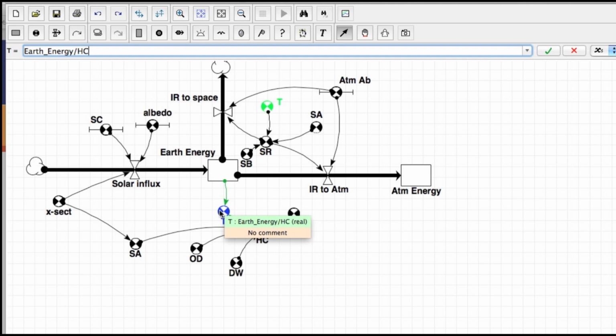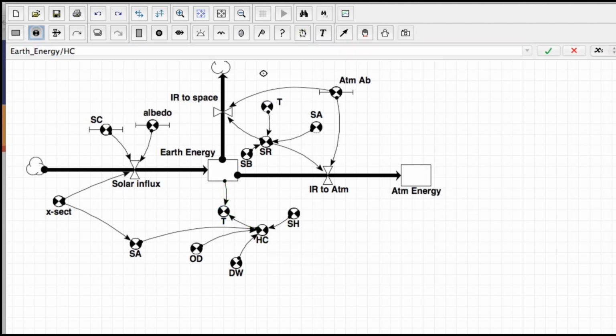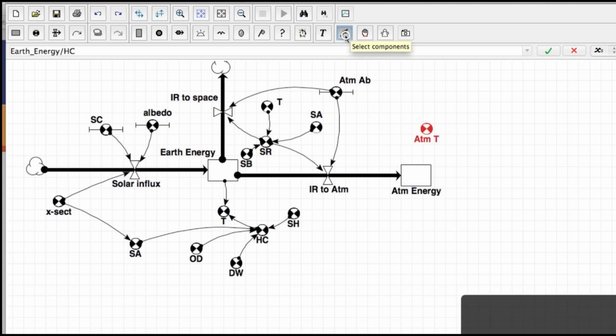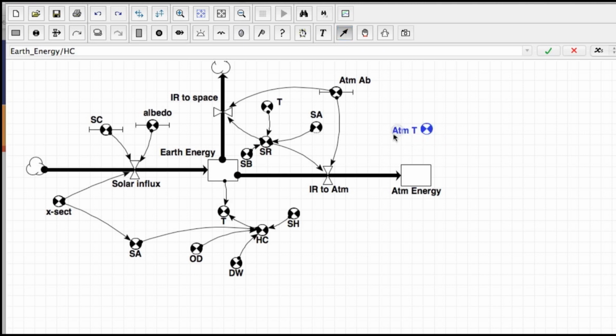It's the atmosphere's temperature. The Earth's temperature was Earth energy divided by the heat capacity of the Earth. Well, this is going to be similar. I need an atmospheric temperature, and it is going to be a function of the energy in the atmospheric reservoir divided by the heat capacity of the atmosphere.